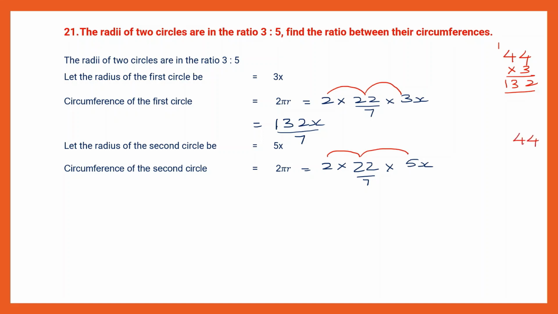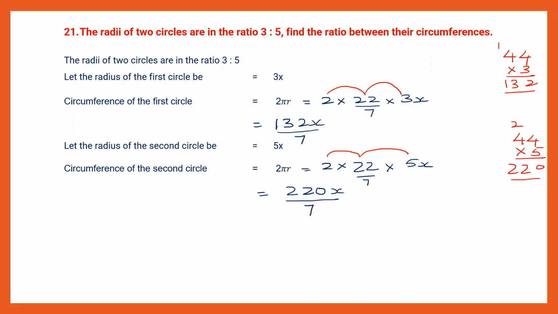So first let's multiply 44 into 5. 5 fours are 20, carry 2. 5 fours are 20 plus 2, 22. So 220. So here we've got the circumference of the second circle to be 220x by 7.